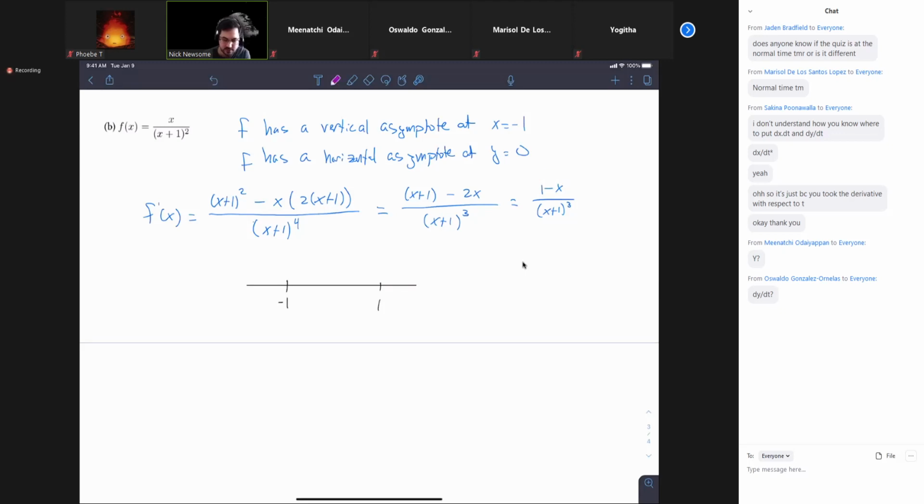So altogether, this is going to be negative. In between -1 and 1, so like 0, we're going to have positive divided by positive.